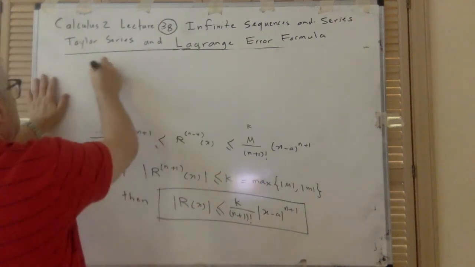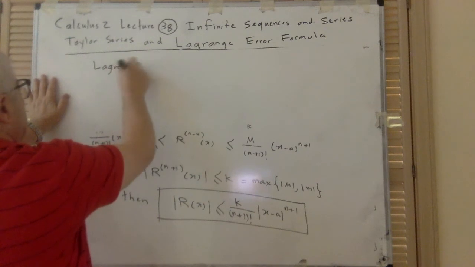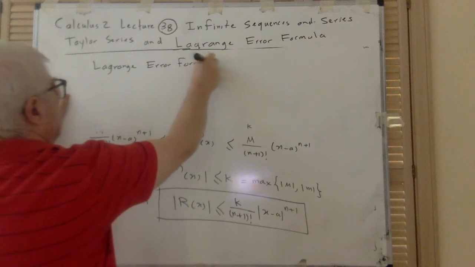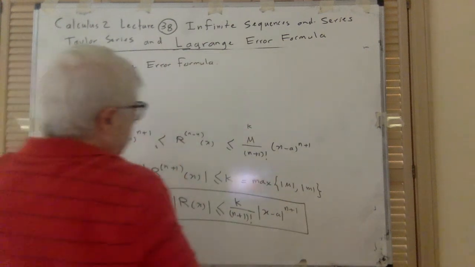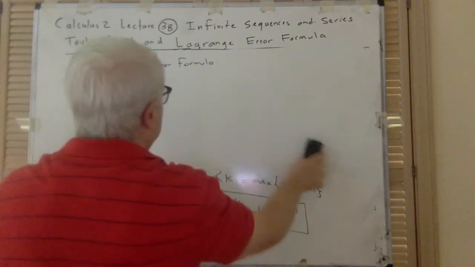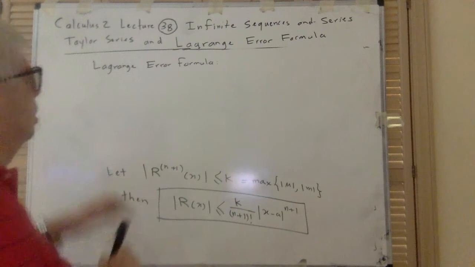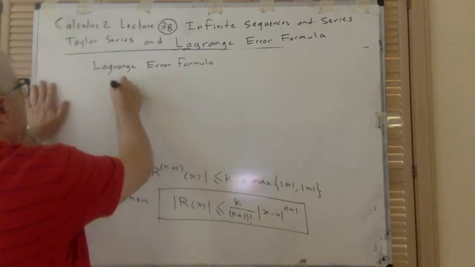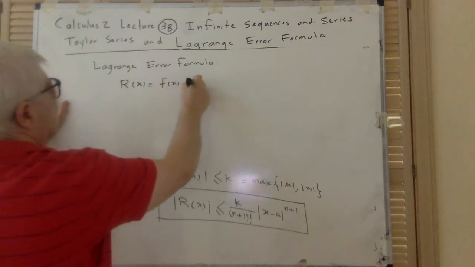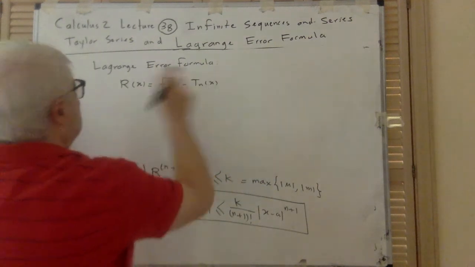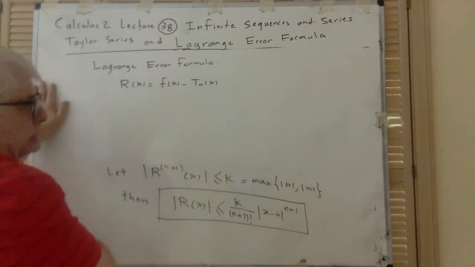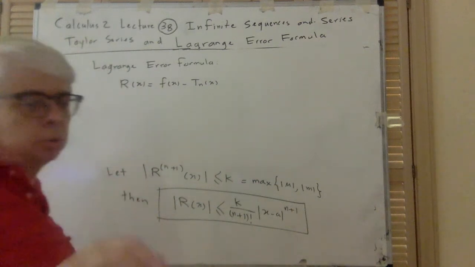So, the Lagrange error formula. Remember, Rx is equal to Fx minus Tnx, and we need a bound for the absolute value of Rx.